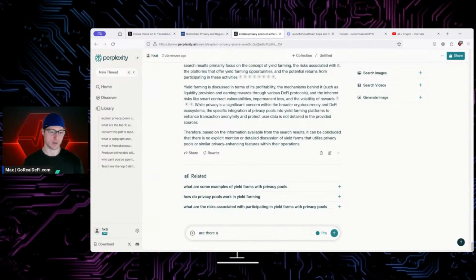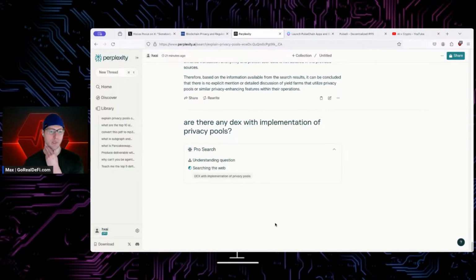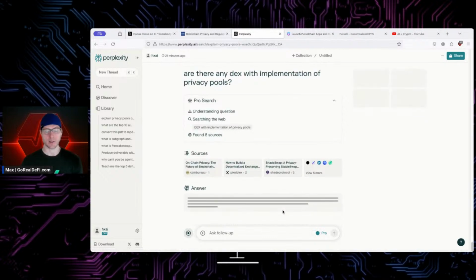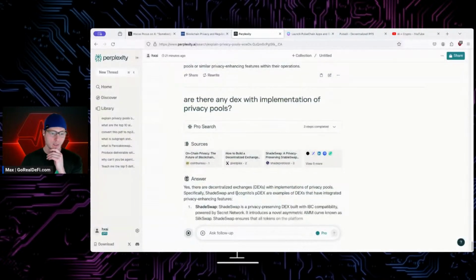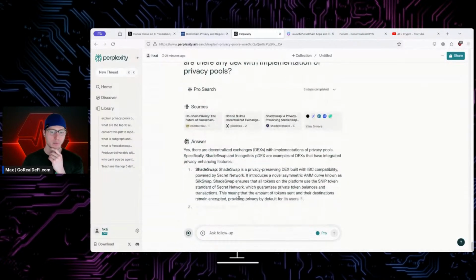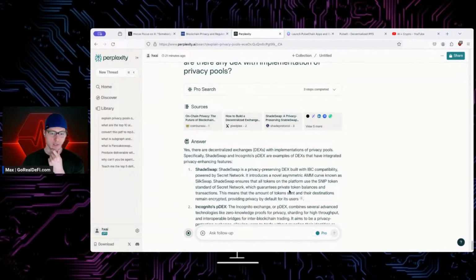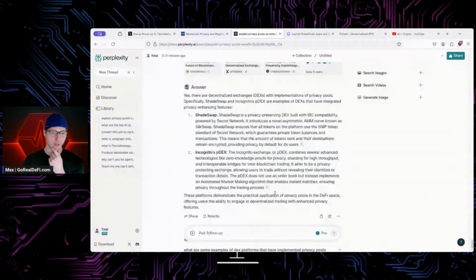Let's say, are there any DEX with implementation of privacy pools? Let's see if any DEX has actually implemented privacy pools, or is it just like Tornado, where you'd lock up funds and withdraw them on the other side at a certain time. Okay, DEX privacy pools. ShadeSwap, privacy-preserving DEX. It doesn't look like it uses privacy pools though. Incognito pDEX uses ZKPs for privacy, sharding for high throughput.